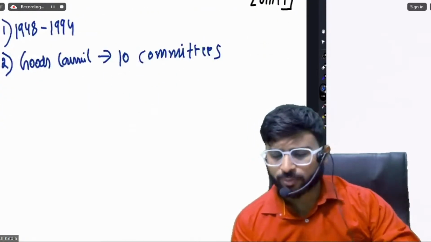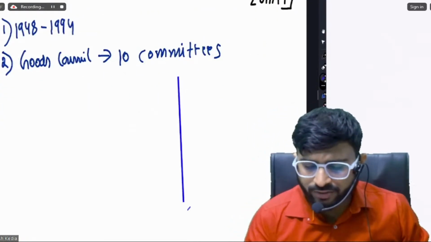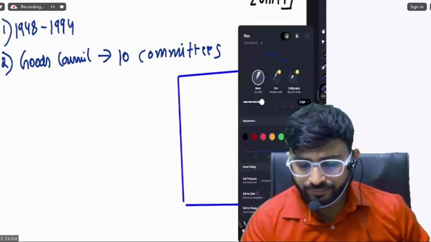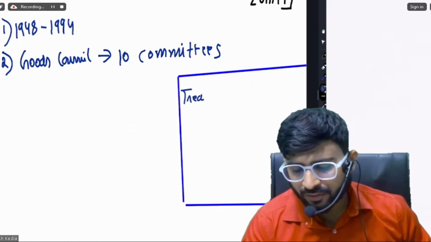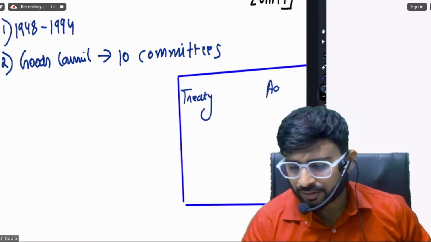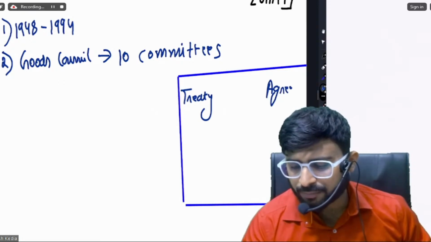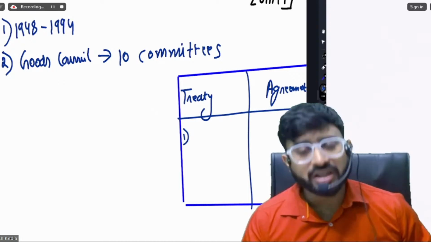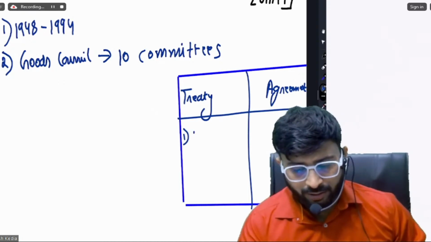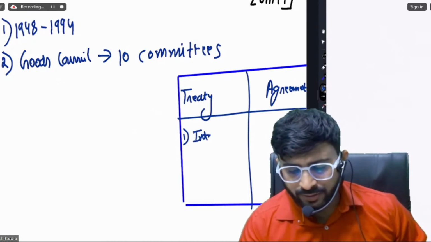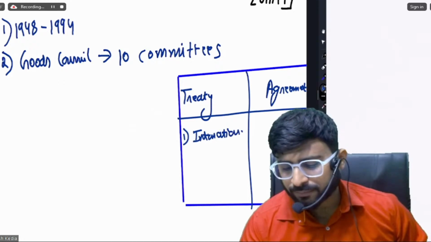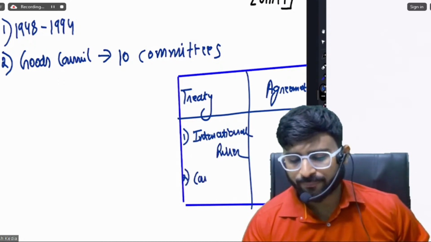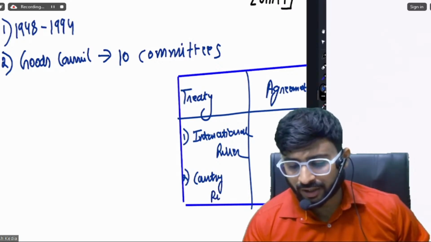Do you know? I think you must have studied it in law. If not, then let me tell you a very important difference. Treaty and a general agreement have one basic difference. In a treaty, number one is the international rules that are written in the treaty, and number two are the domestic rules of the country.